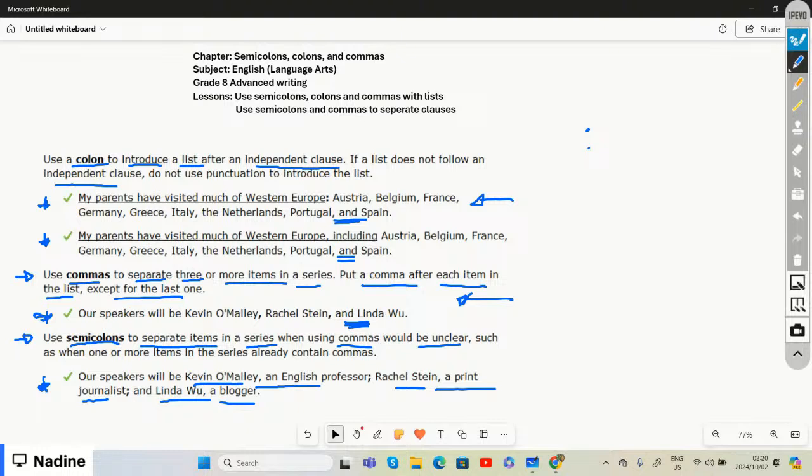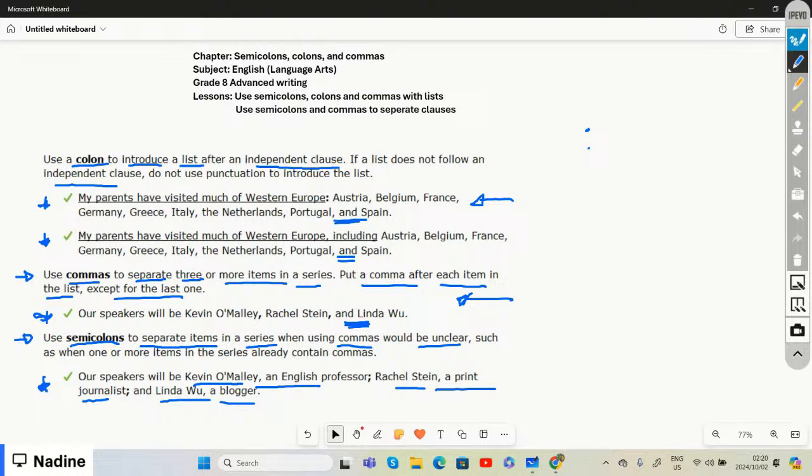If we had just put commas after everything and everyone without a semicolon, it would have looked as if there were six speakers. Kevin O'Malley is a speaker, an English professor is a speaker, Rachel Stein is a speaker, a print journalist is a speaker, Linda Hu is a speaker, as well as a blogger.